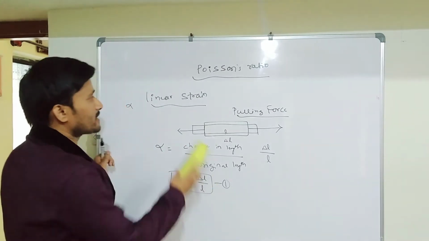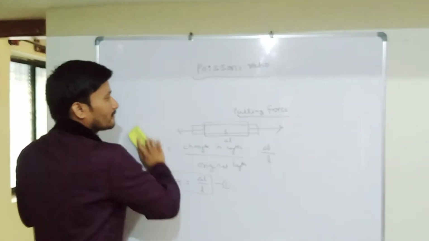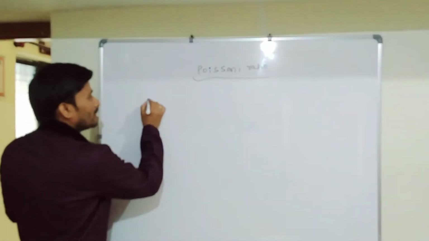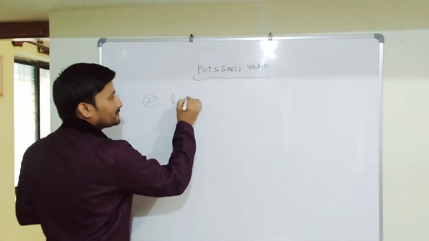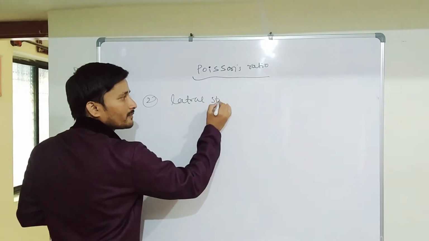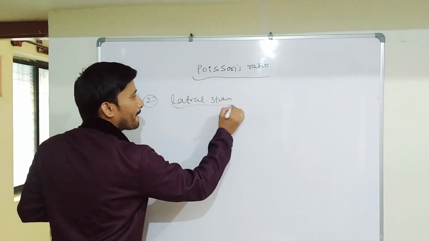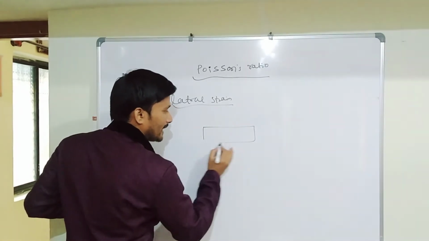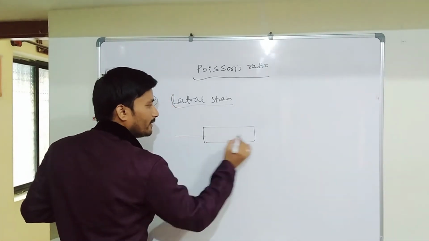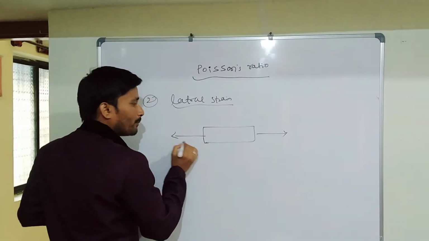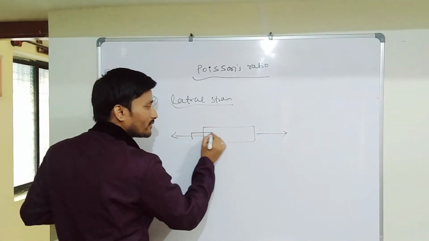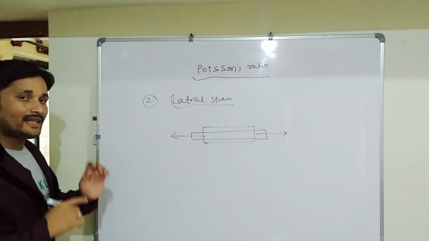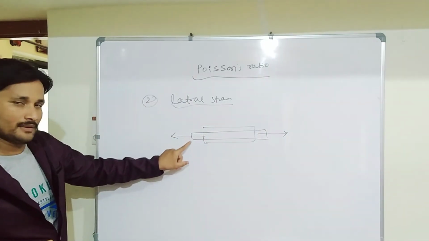And the second concept is lateral strain. Okay, so in the earlier case, what happened? We applied a pulling force. That's why the length of the body changed. Clear? Now another factor, you see the diameter.